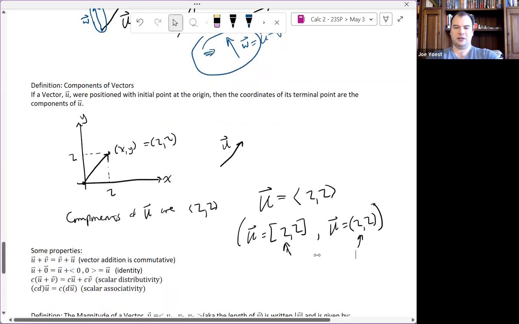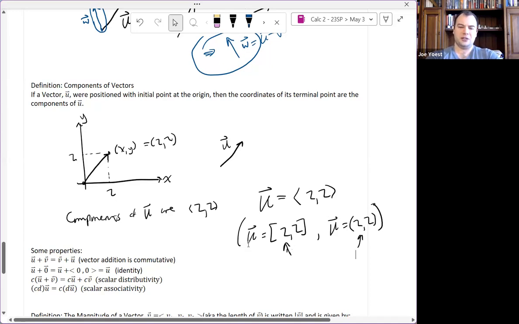Depending on the context, linear algebra a lot of times uses the square brackets. Physics and the calculus side of things more often use the angle brackets, because in calculus we talk a lot more about intervals of the real line, where square brackets or parentheses look like intervals on a real line, so it can get more easily confused.